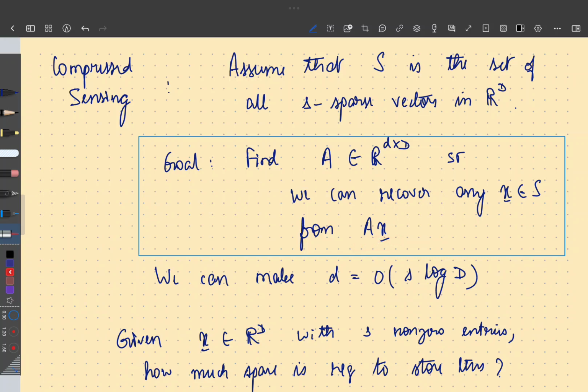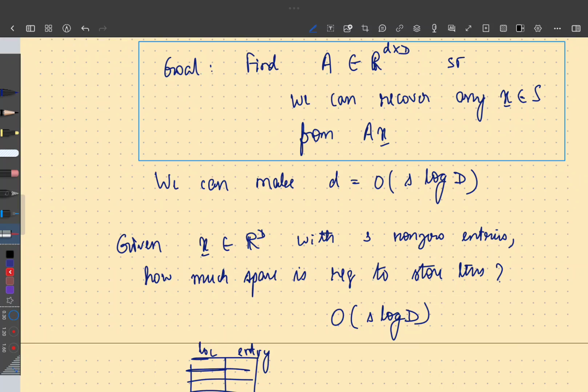Basically, you are given a vector which has at most S non-zero entries, in dimension capital D. The question is, is it possible to take little d many linear measurements and still be able to recover x exactly? It turns out that it's possible, and in fact you can make little d some constant times little s times log D.